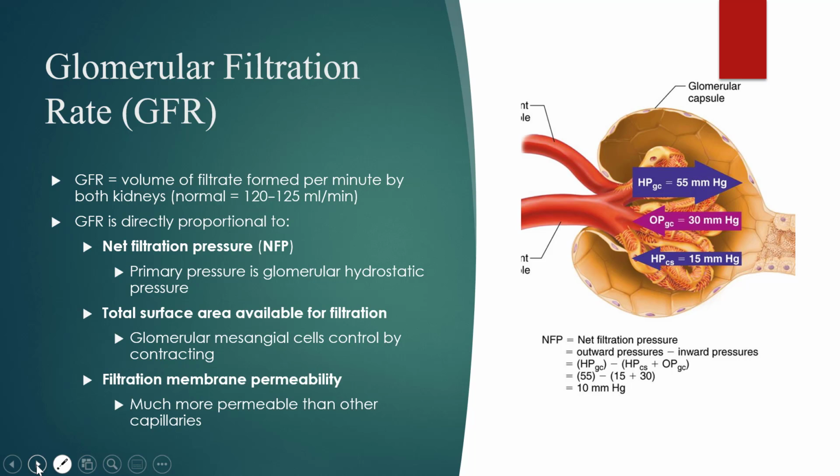Whenever you have the mesangial cells, which are found right here in the afferent arteriole, if there's going to be a lot of pressure going here, how do you think we prevent the accumulation of pressure right here? Well, the glomerular mesangial cell will contract.